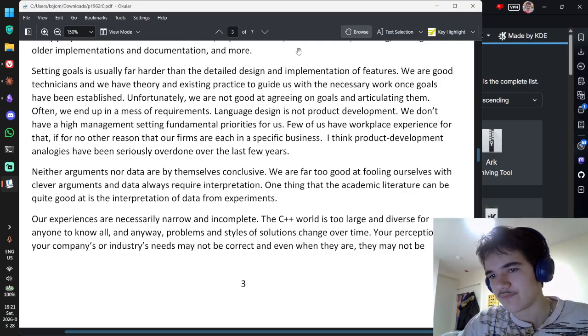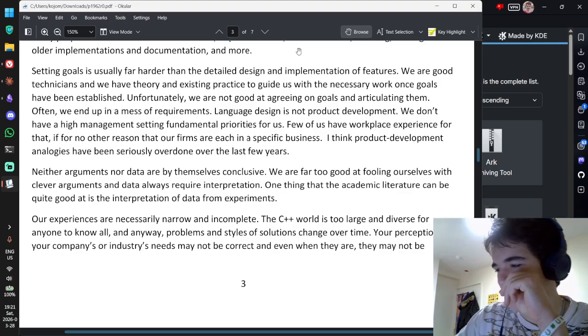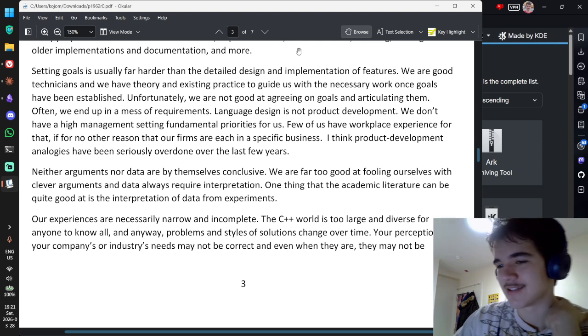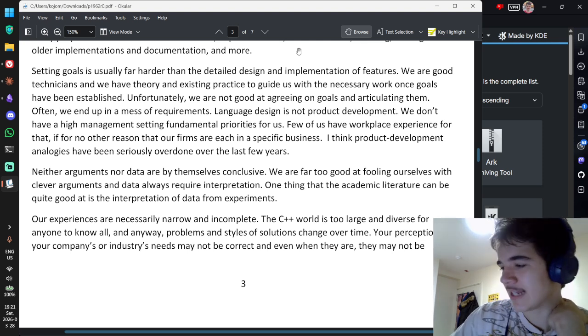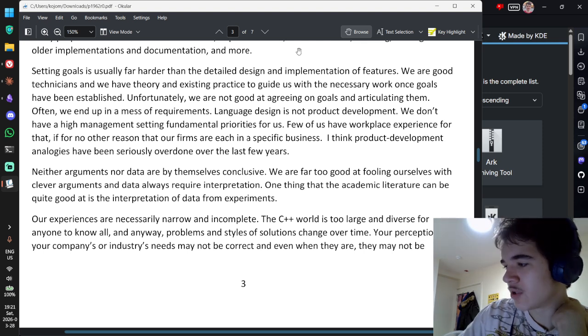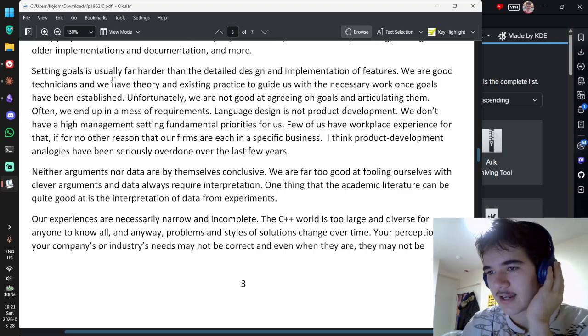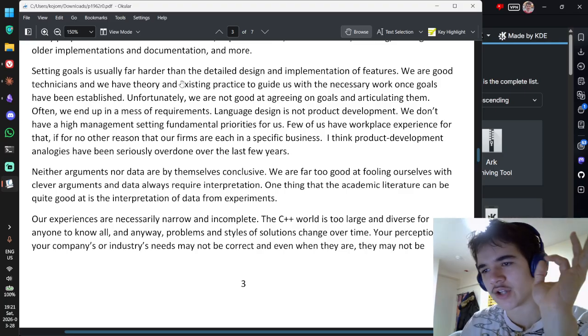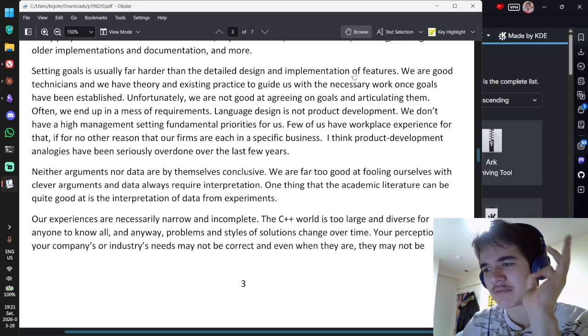Harder. We are good technicians. I always wonder if Bjarne uses Zettelkasten, because his writing style is full of assertive statements, right? He says setting goals is usually far harder than the detailed design and implementation of features.